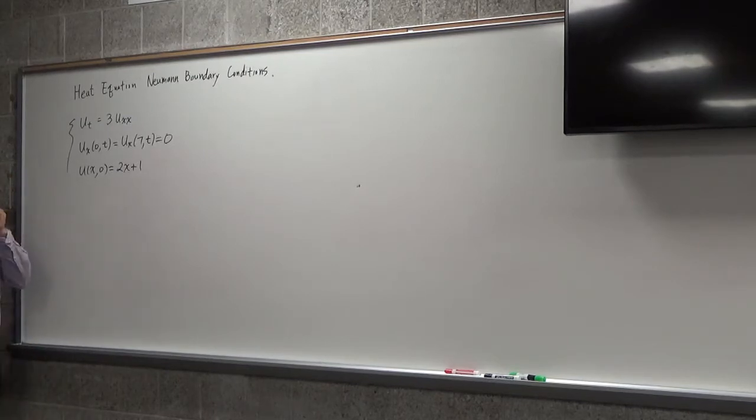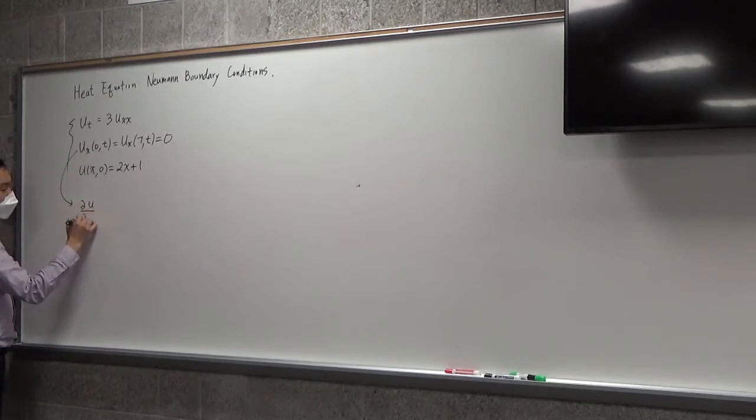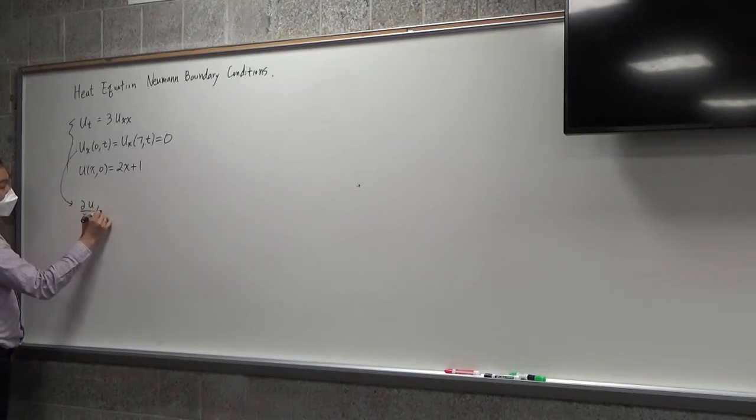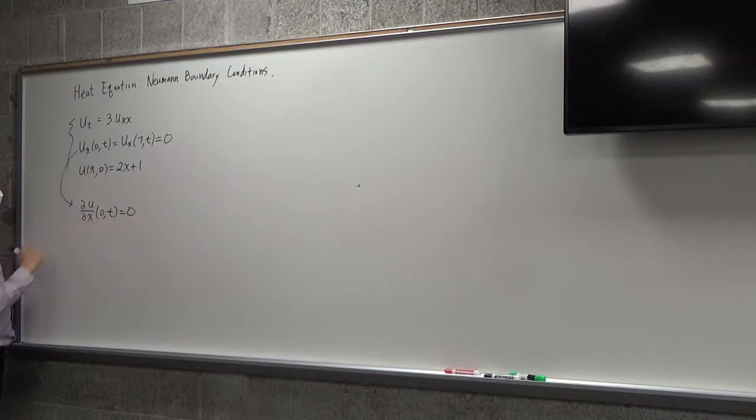What's different today is that in the previous lecture I solved this one where you didn't have this subscript x. Now this subscript means partial derivative. So if I write this down, it means that the derivative of u with respect to x would be 0 if you evaluate at 0, for all time t.